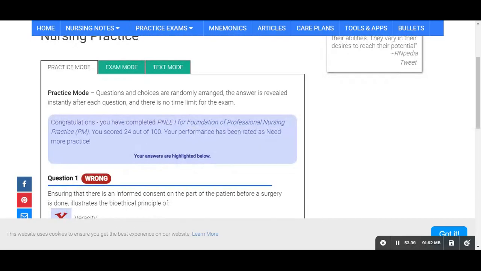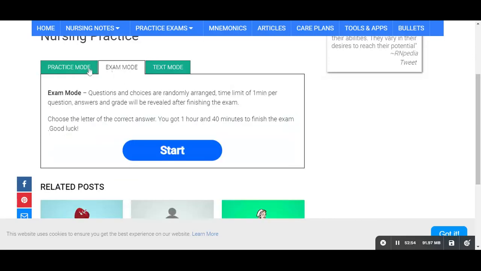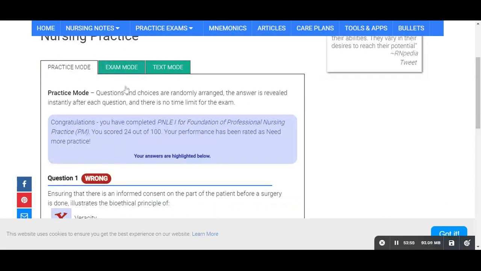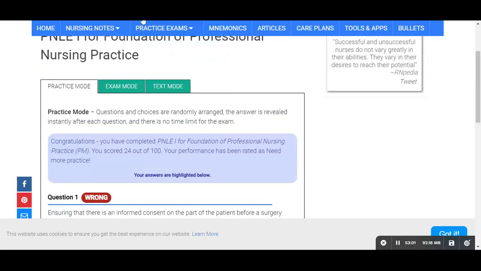Actually, that's because we only started at 61. So today we were able to answer 40 questions, and I scored 24 out of those 40. That's about 50%, but we can do better next time.